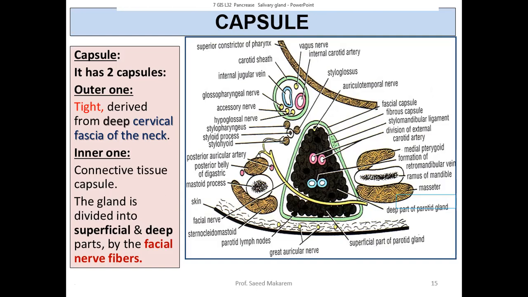This is a very important relation: the facial nerve passes through the parotid gland. So if you want to remove the parotid gland, you should be very careful to keep the facial nerve intact. If not, there will be Bell's palsy on the face. So when you are removing the parotid gland, you should avoid cutting or damaging the facial nerve because it is passing through the gland.